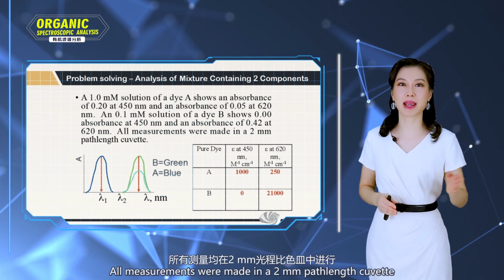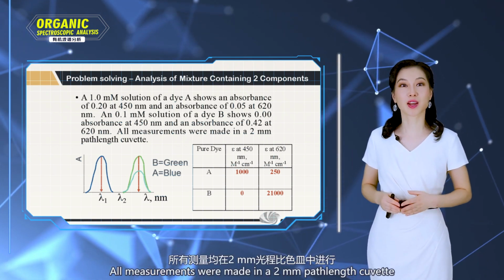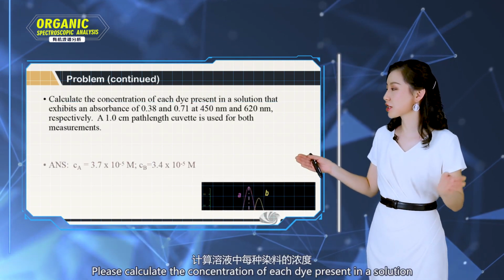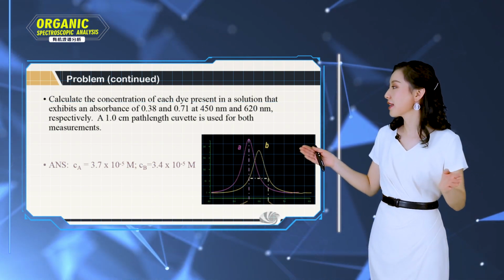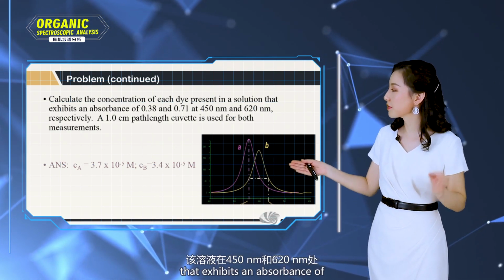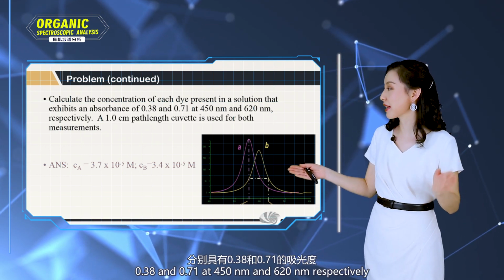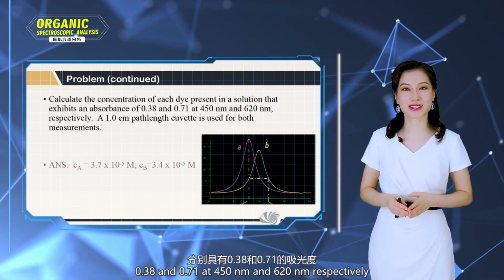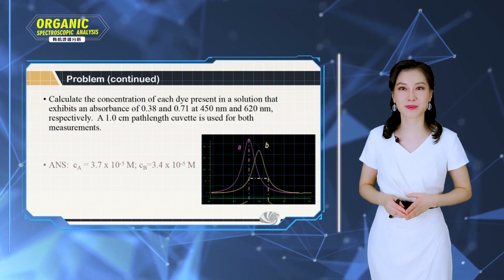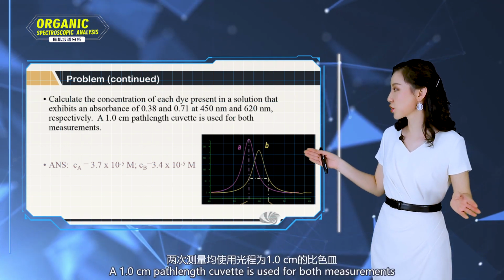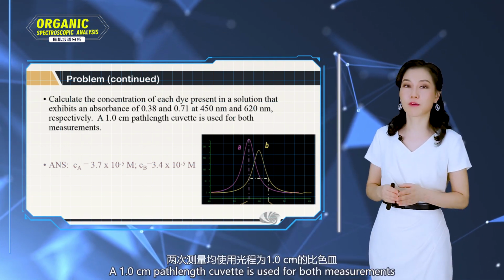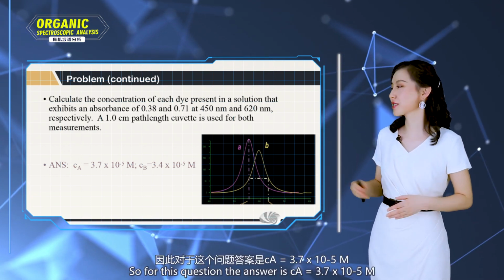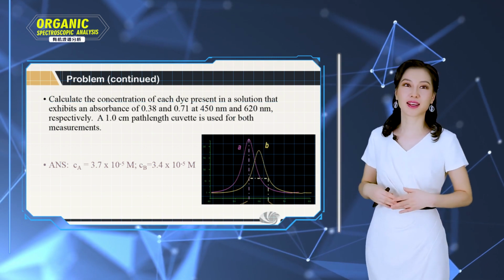All measurements were made in a 2 mm path length cuvette. Please calculate the concentration of each dye present in a solution that exhibits an absorbance of 0.38 and 0.71 at 450 nanometers and at 620 nanometers respectively. A 1 cm path length cuvette is used for both measurements. So the answer to this question is as follows.